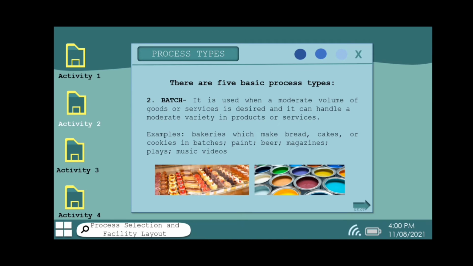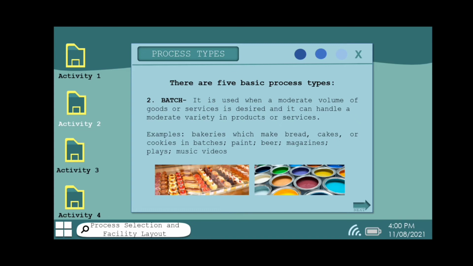Number two is the batch. A batch process is used to produce a moderate amount of fairly standardized goods. This type of production is quite flexible, although production lines are usually equipped for a certain product category. Like a job shop, the production process is intermittent. Processes might run per batch, after which they are slightly adjusted for the next batch.